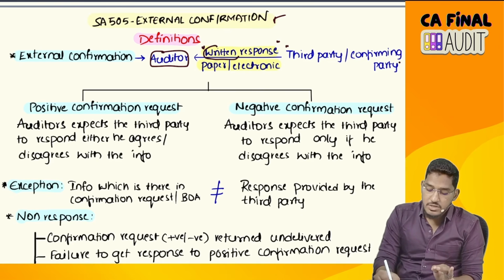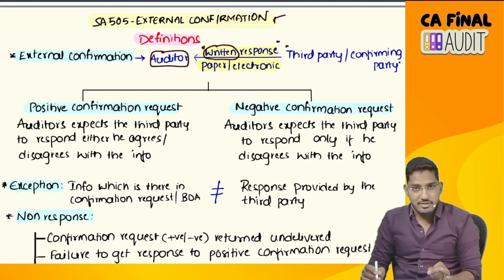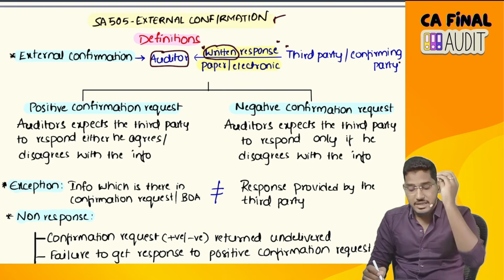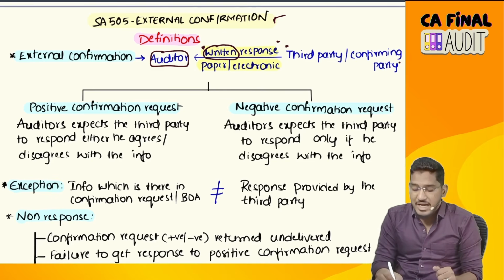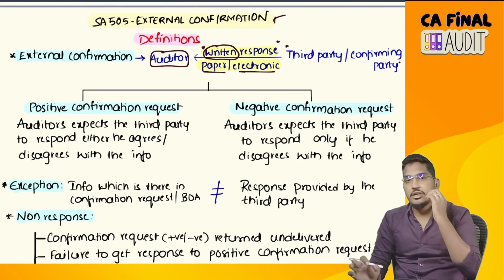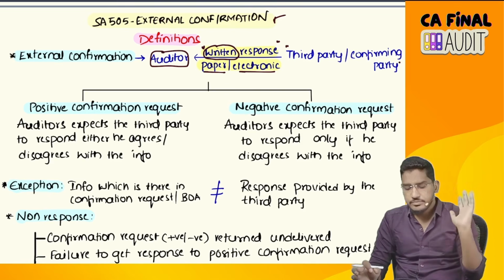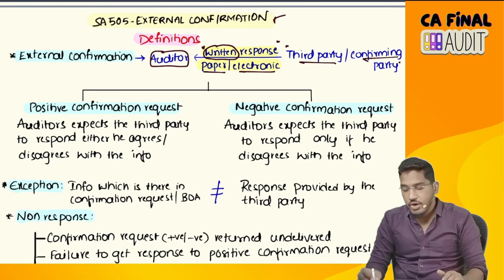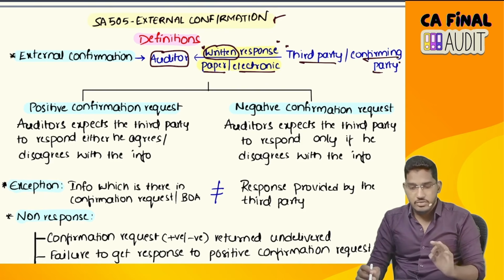If you get an oral response, that will have no validity as an external confirmation. In order to be considered external confirmation, the response must compulsorily be written, either in paper form or in electronic form. You can get that written response by way of a printed letter, or even an email, no issue. So a direct written response obtained by the auditor from a third party or confirming party, we are going to call external confirmation.